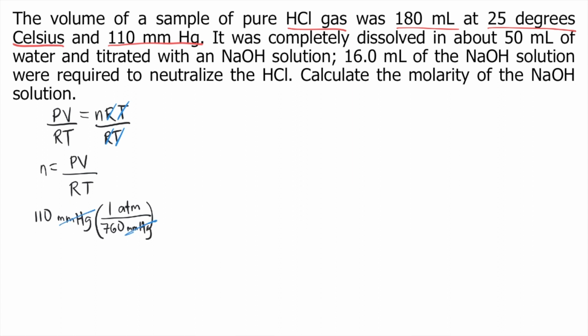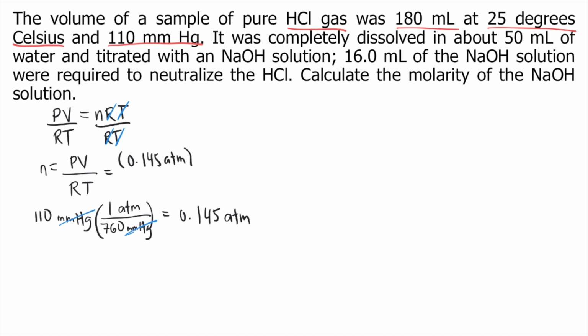So the mmHg cancels out. 110 divided by 760 is approximately equal to 0.145 atm. So you plug in that value, 0.145 atm.